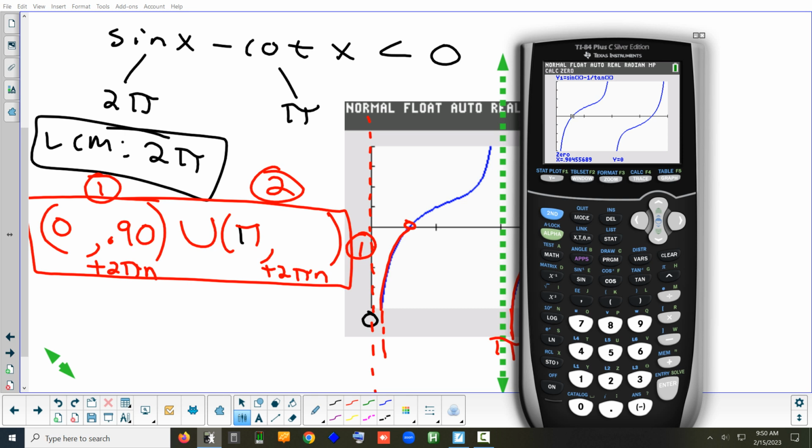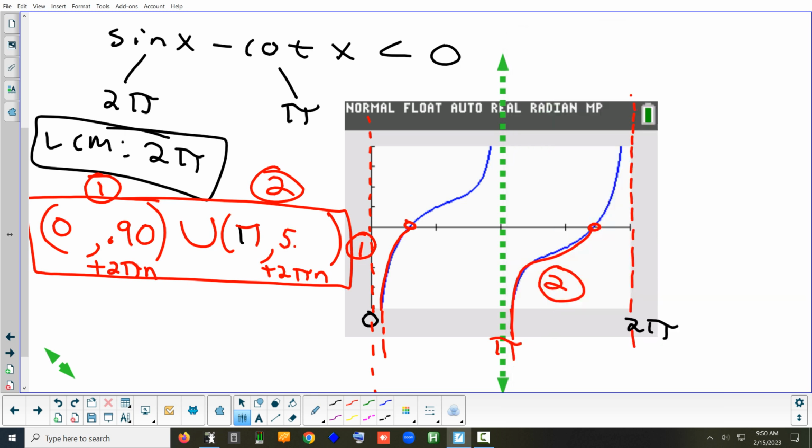Okay. That's 6.28. I don't know, a little bit before it. It's probably about 5.5 maybe. I'm just estimating it. That one. It's about 5.38. Stops at 5.38. And that's how you write your answer.